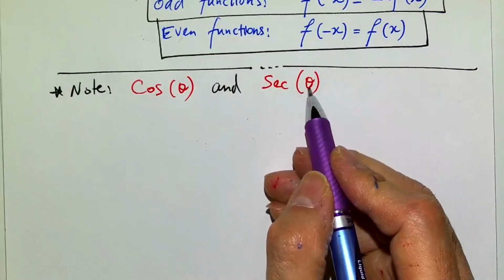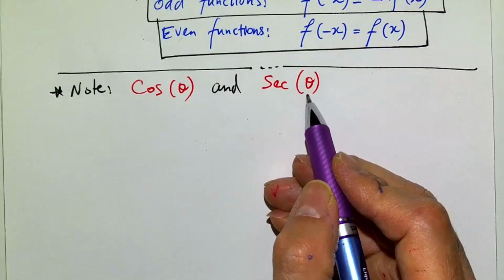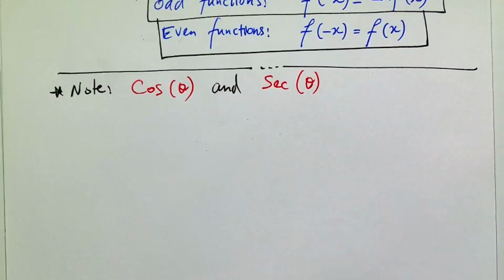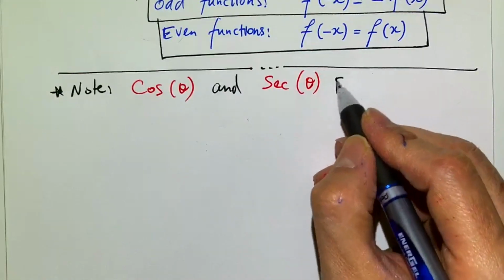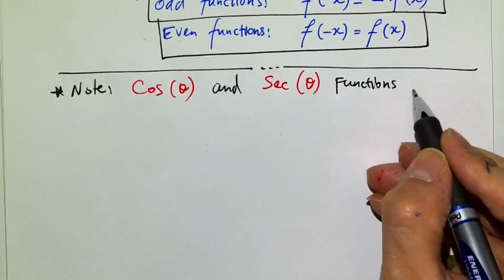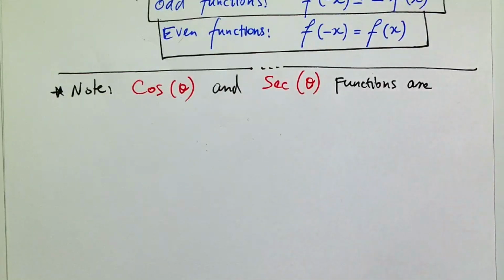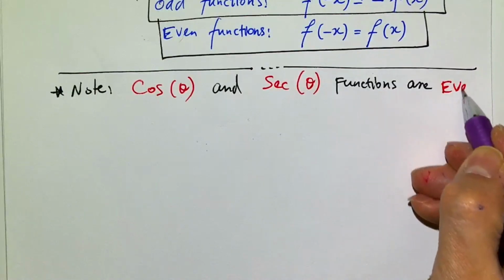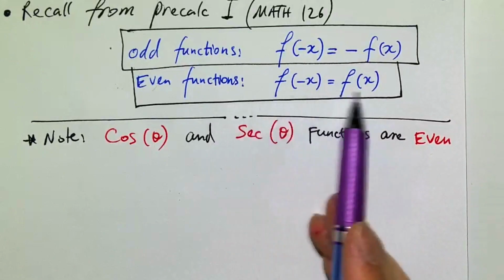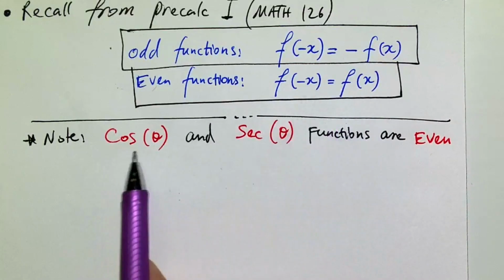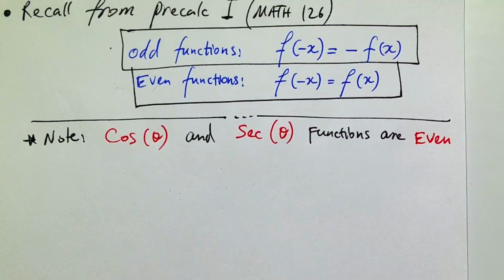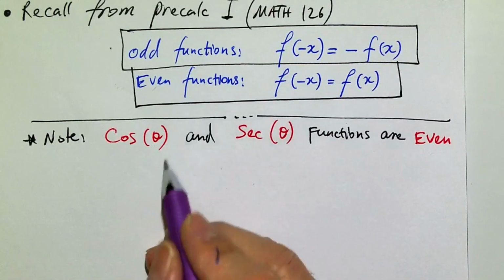So this argument can be anything, right? T, theta, x, whatever you want it to be. I just chose theta. These two functions are the only even trigonometric functions. Just like any other even function, if you replace theta with its negative equivalent, you still get the same thing. So let's write them down.